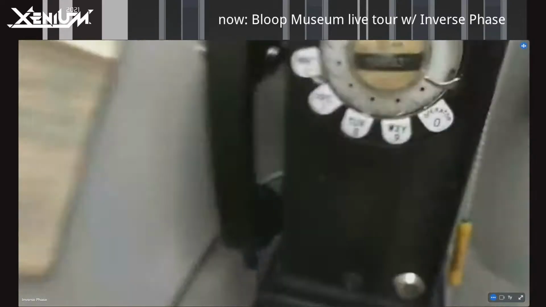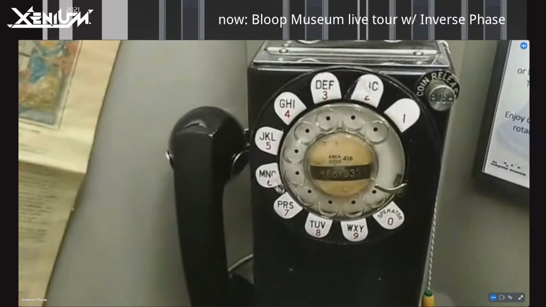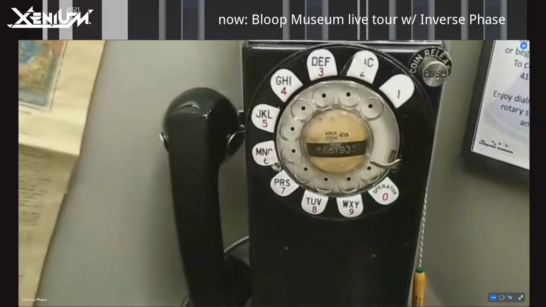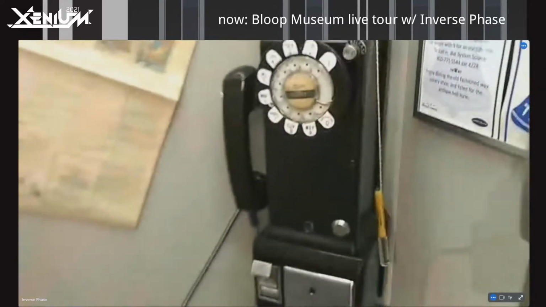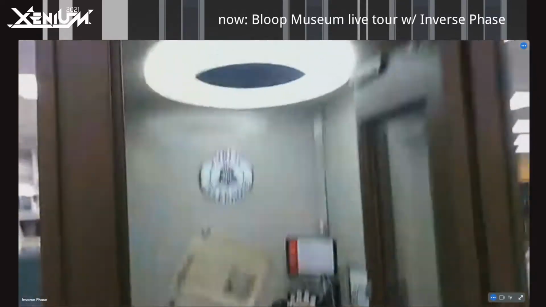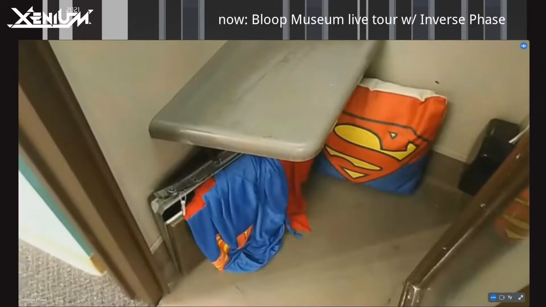I don't know how to call Poland on it because Americans don't know how to dial international calls on a rotary phone. But anyway, we have a Superman outfit here just in case I need to wear it while I'm making a phone call.